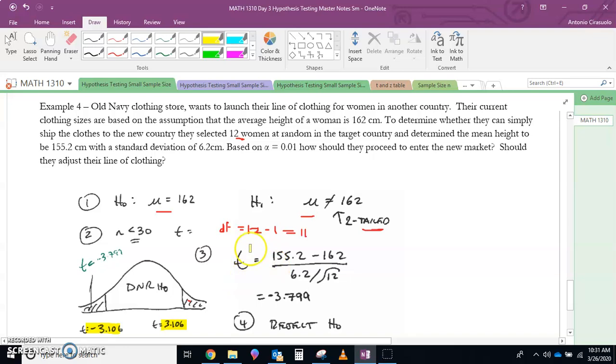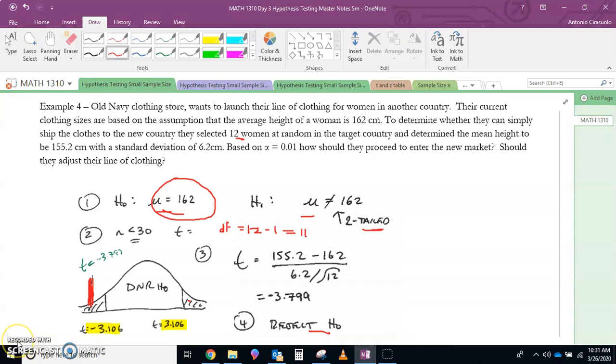The t-test is as follows. Rounded, 3.799, and you could see then that the t-test is in the rejection region, so we will reject this. We are going to reject that the mean is 162, and we're going to state the conclusion.